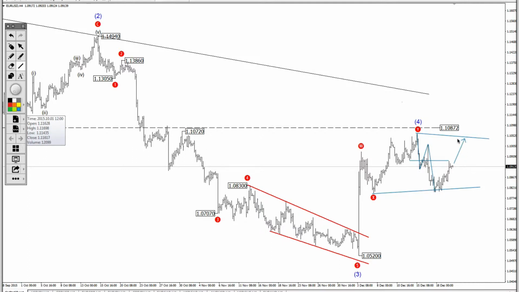I would say that we are forming a triangle or some type of sideways correction on minus wave 4 position. So we are now forming minus wave 4 in my opinion. If we decline below this 108.2 level, it's likely that the wave count I have now is correct and we can expect more downside.